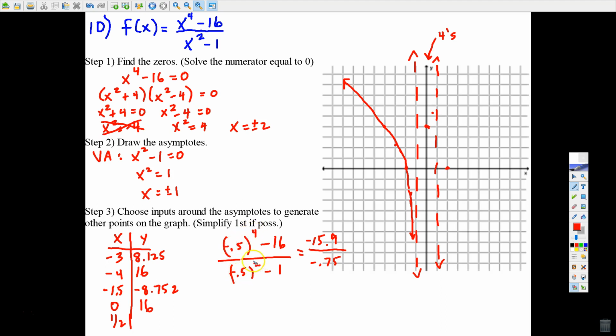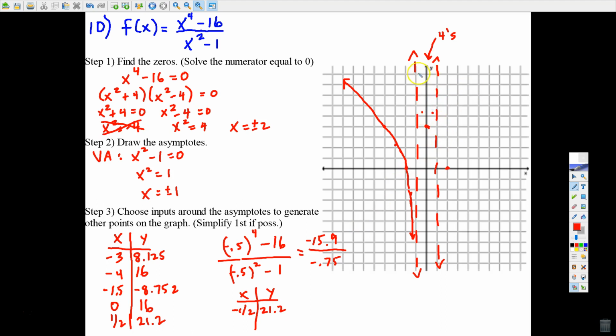And that's true also for squaring. So for these even exponents, it's not going to matter if I input a negative number, I'm going to get the same result. So let me write that in. So here's the rest of my table. Negative 1/2 is also going to give me 21.2.